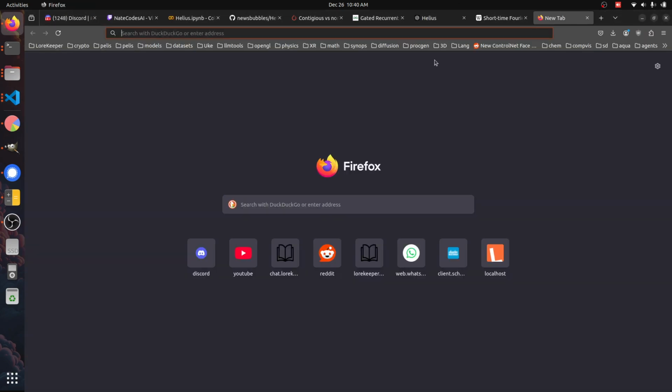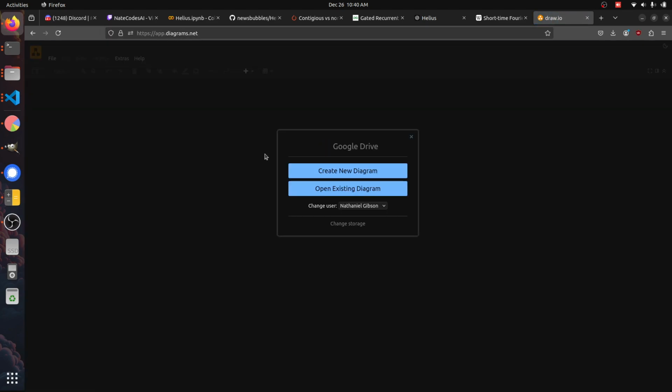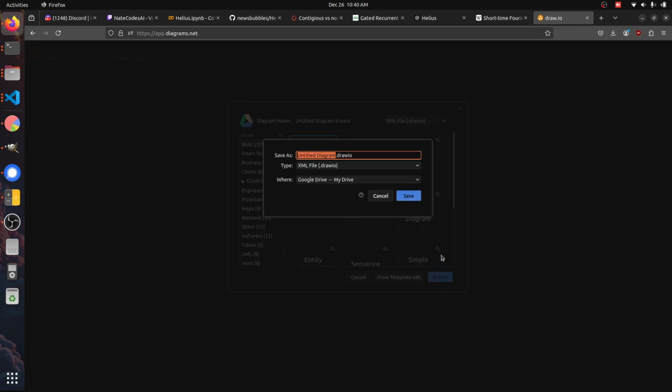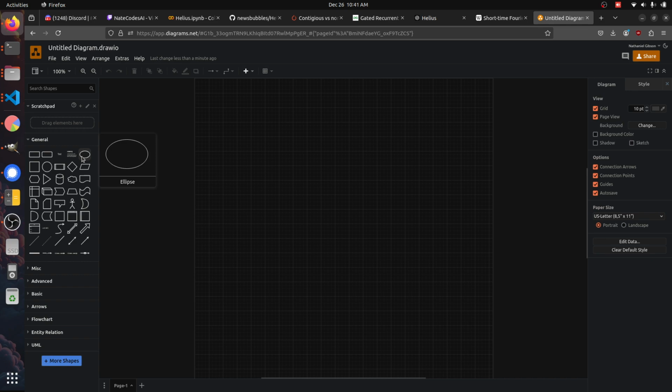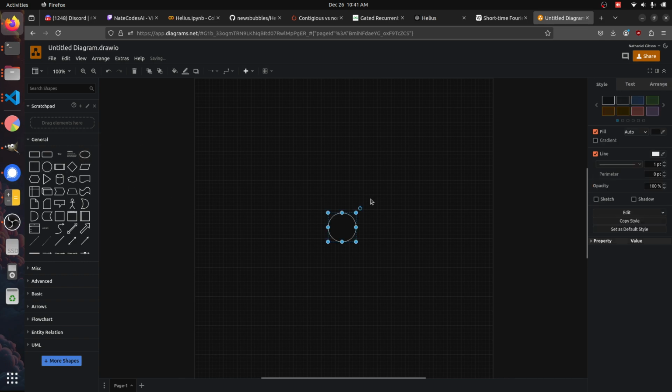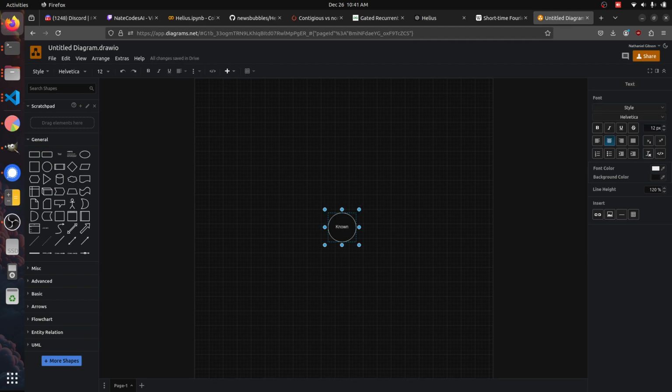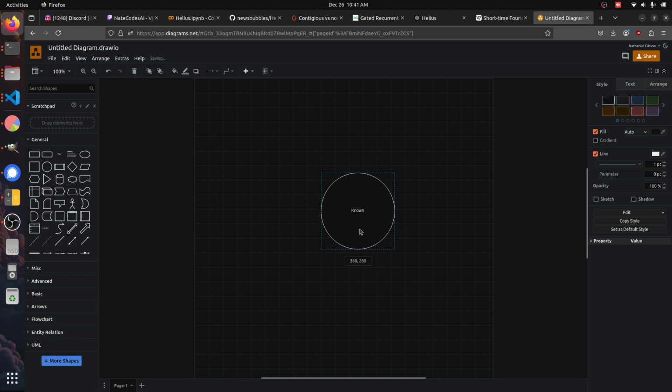Here, let's go with another diagram. Yeah. Okay. So you've got like this, right? This is known. Okay? This is in the center. And then beyond that, I'm going to send it to the back.